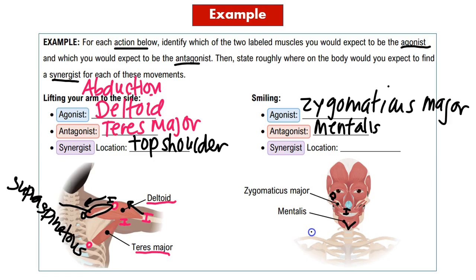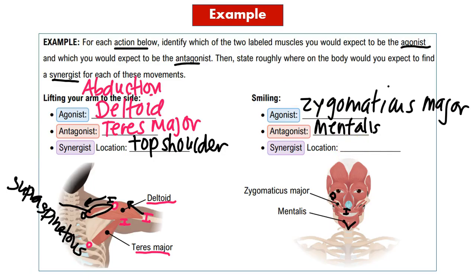So for me, I'm like, okay, I'm smiling. I know it has to do with the zygomaticus major. I know that zygomaticus major is going from my zygomatic bone to the lips. Okay, so the origin is at the zygomatic bone, and the lips is going to be my insertion. I'm moving it up. So there has to be something in between there, above where my lips are, that's going to help make sure that that movement is occurring, right? That's synergist.